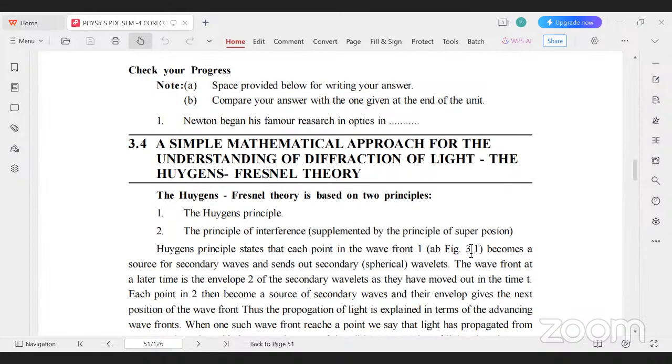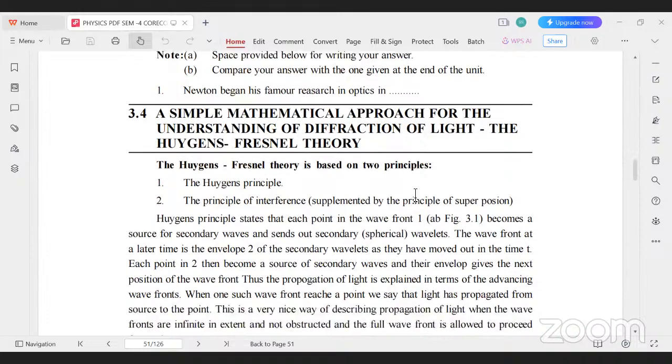Here we need to understand how Huygens and Fresnel explain the diffraction of light. Huygens explained the wave theory, and Fresnel carried it further with the help of diffraction.